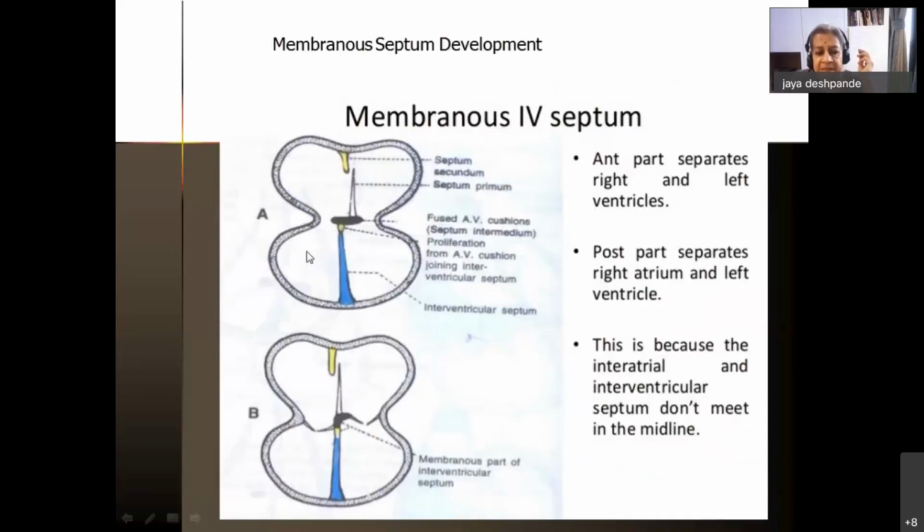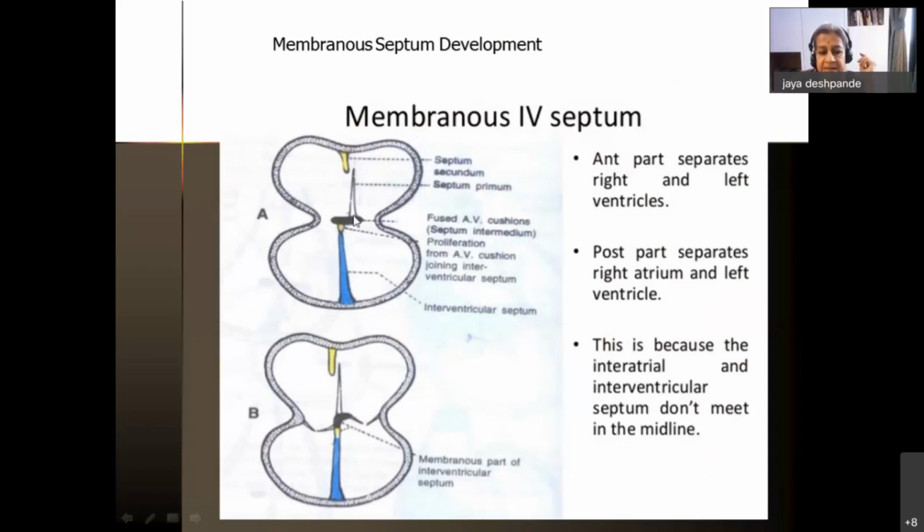Now, the membranous septum. If you look carefully, you will notice that the interatrial septum and the muscular interventricular septum are not aligned in the same plane.